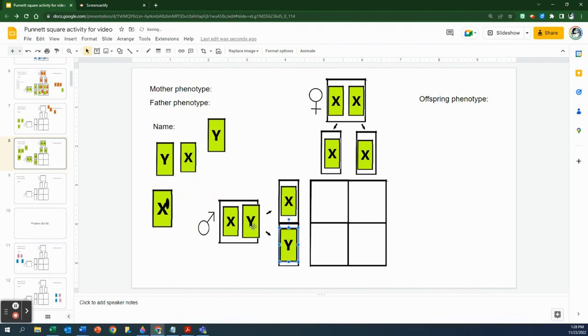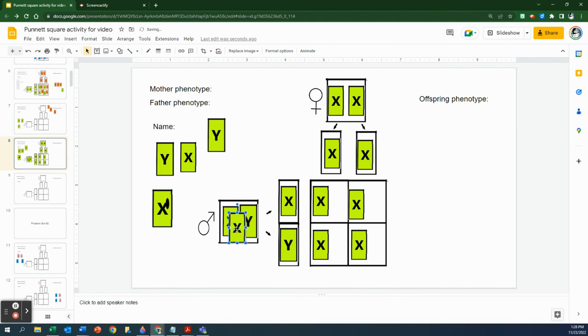And men are XY, so they're passing on in their genetic material an X and a Y. Without knowing anything else, we know that the mother passes on her X number 1 and X number 2 to all of their children. And so she does not determine the sex of the children, right?